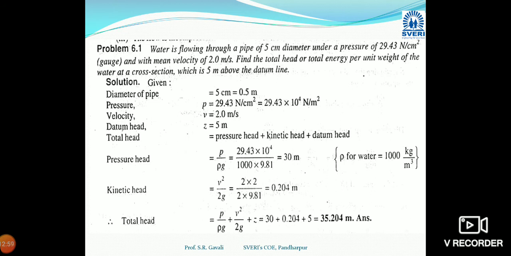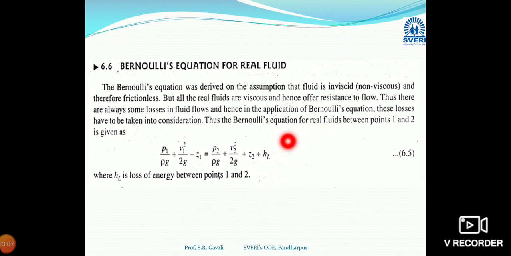So this equation is now useful to calculate the total energy of the flowing fluid. Means total energy of the flowing fluid is equal to pressure head plus kinetic head plus potential head. Now, this Bernoulli equation we have to apply for a real fluid and for the sections. Now, when we are applying this particular Bernoulli theorem, we have considered that the fluid is ideal because we have not considered any viscosity forces.